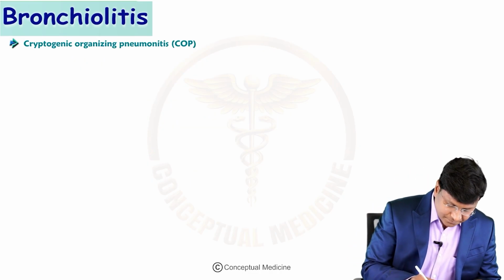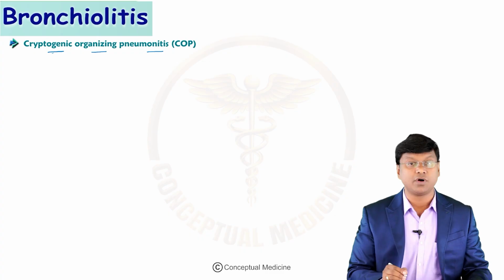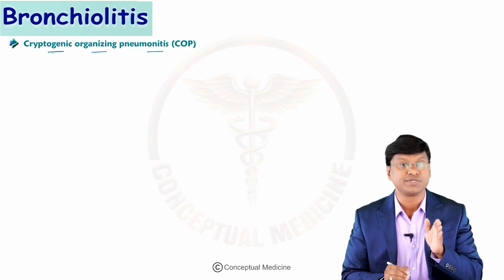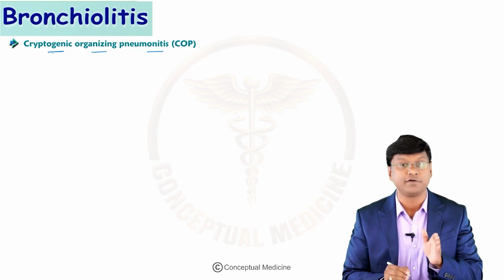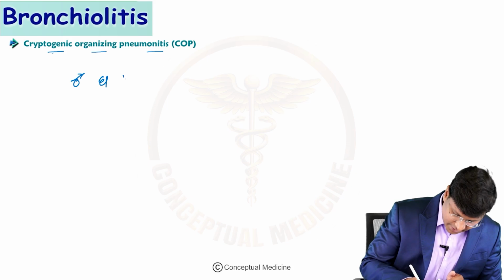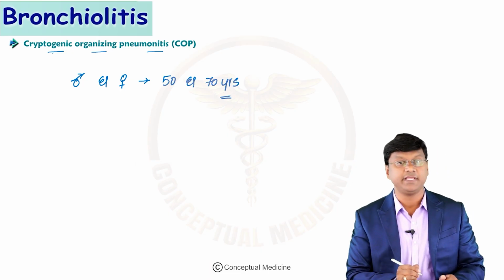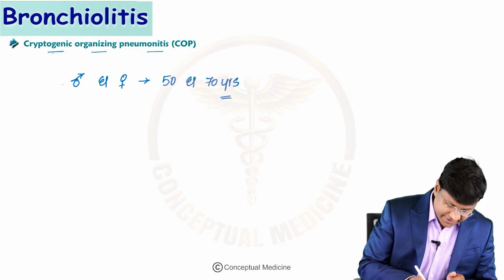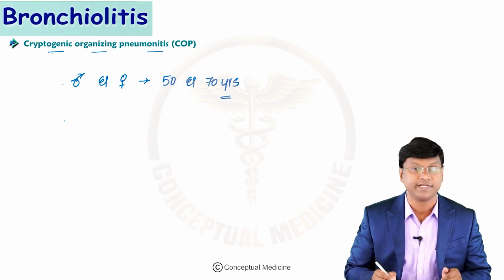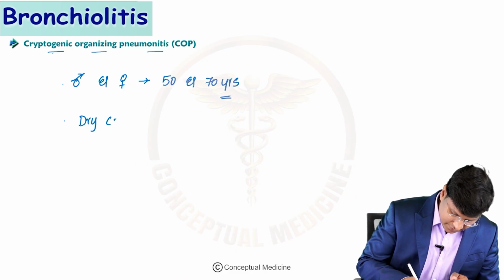Then next we have cryptogenic organizing pneumonitis. This affects men and women between the age of 50 and 70 years. And what will be the presentation of cryptogenic organizing pneumonitis? The presentation will be in the form of dry cough.